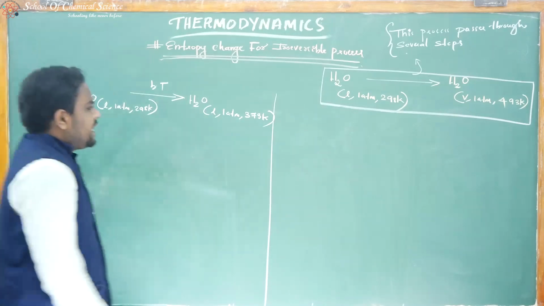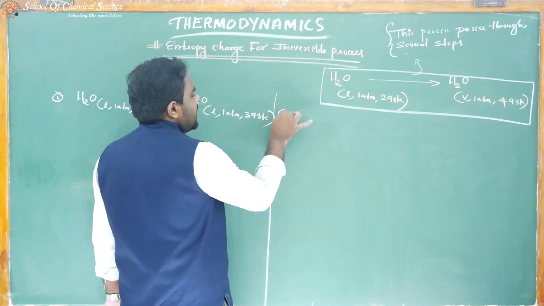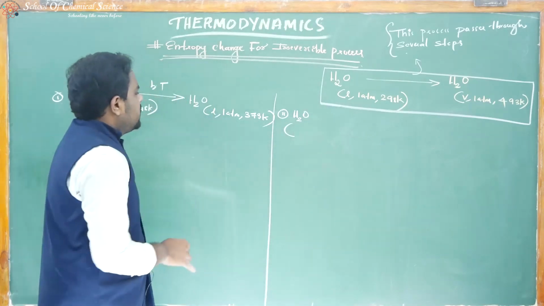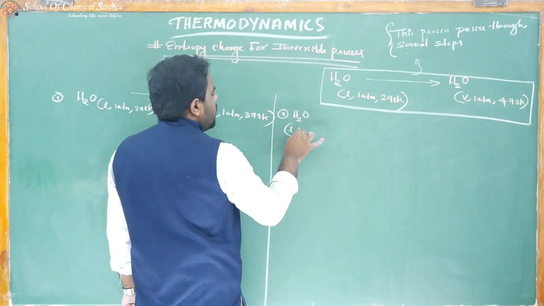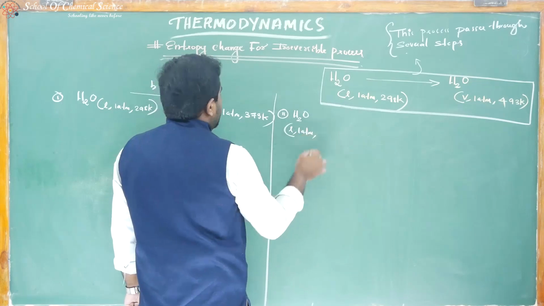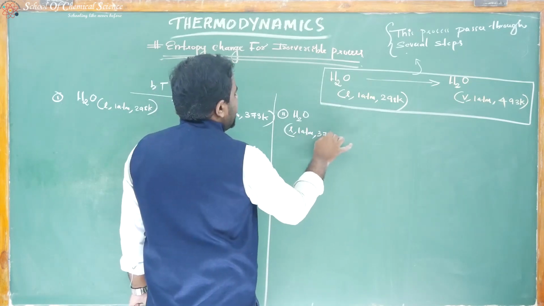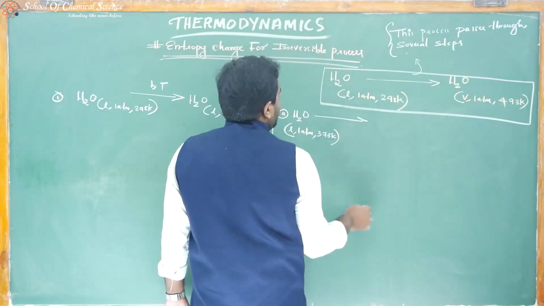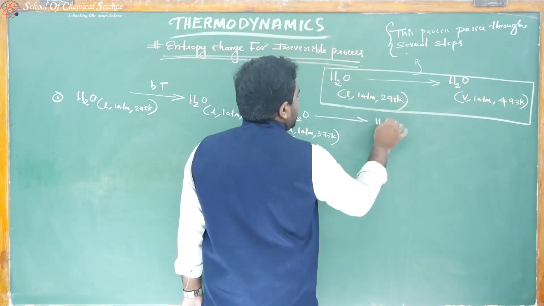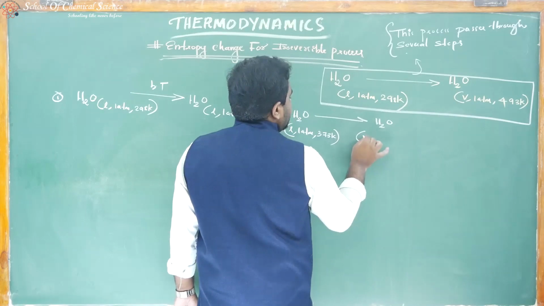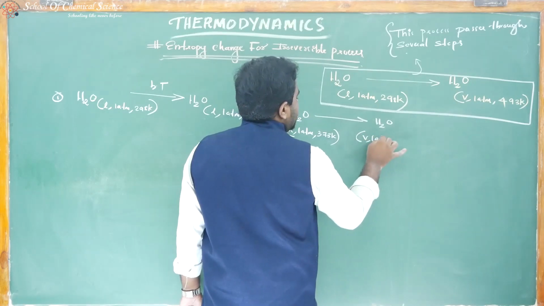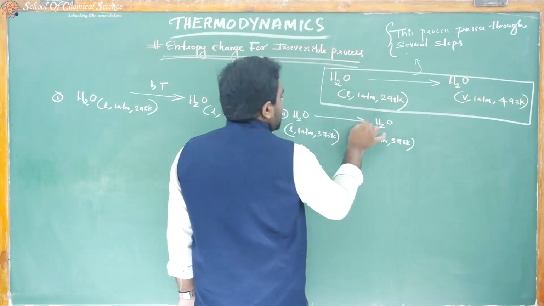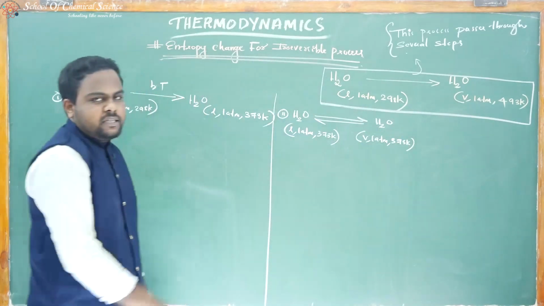In the second step, this H2O in liquid condition, 1 atm pressure and 373 Kelvin, is converted into H2O vapor at 1 atm and 373 Kelvin. So this is a reversible phase transition.